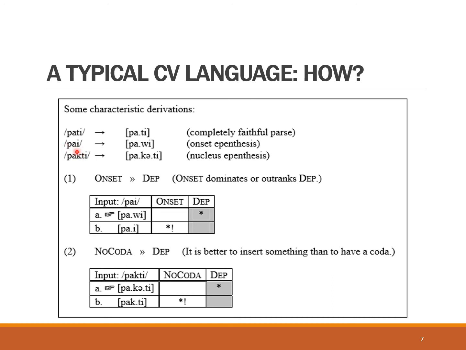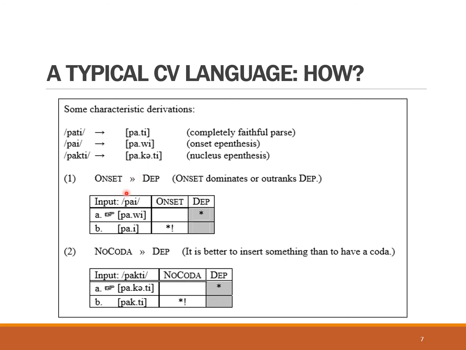So pa is retained the same, but an onset consonant has been inserted to make it conform to the CV structure of the language. Similarly, to break a structure like pakti, a vowel is inserted after ka, which is part of the complex consonant sequence, making it pa, ka, ti. So again it is CV, CV, CV.